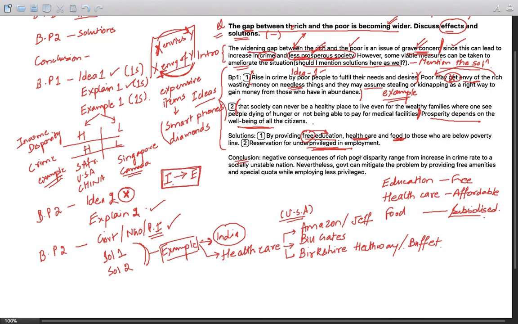Conclusion, negative consequences of rich-poor disparity range from increasing crime rate to socially unstable nation. That's well written, socially unstable. So it leads to social instability. Could have mentioned social instability.